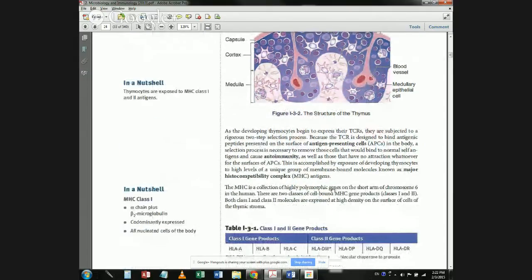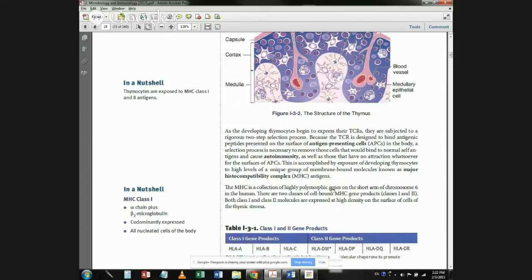So, as the developing thymocytes begin to express their T cell receptors, remember they just got new T cell receptors in the bone marrow, right? They start to express them like, hey, look, I'm a new T cell receptor. Now they are subjected to a rigorous two-step selection process.